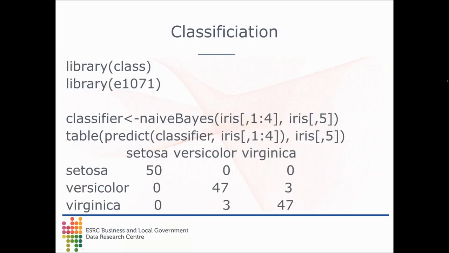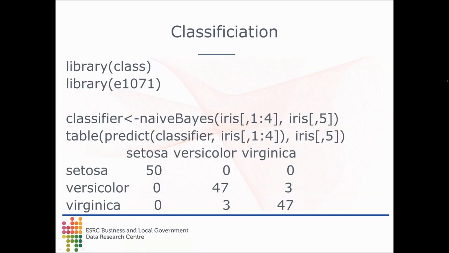So, what I've loaded here within R is the package e1071. This gives me a very nice interface into naive Bayes.